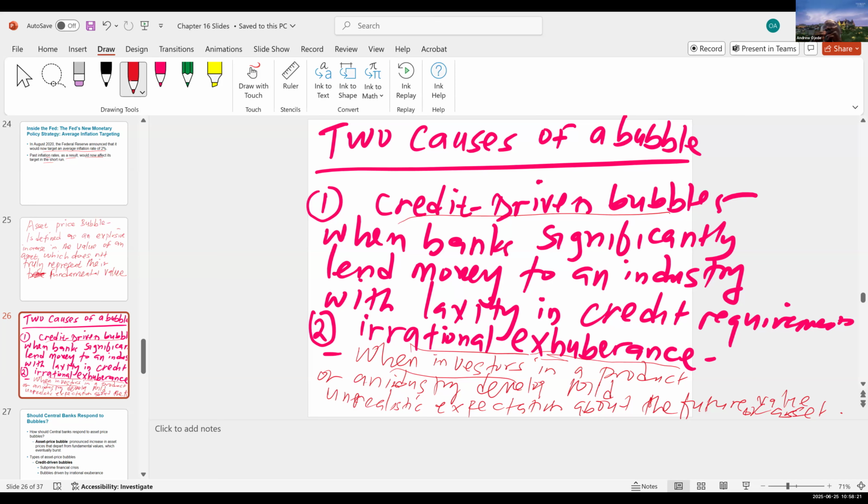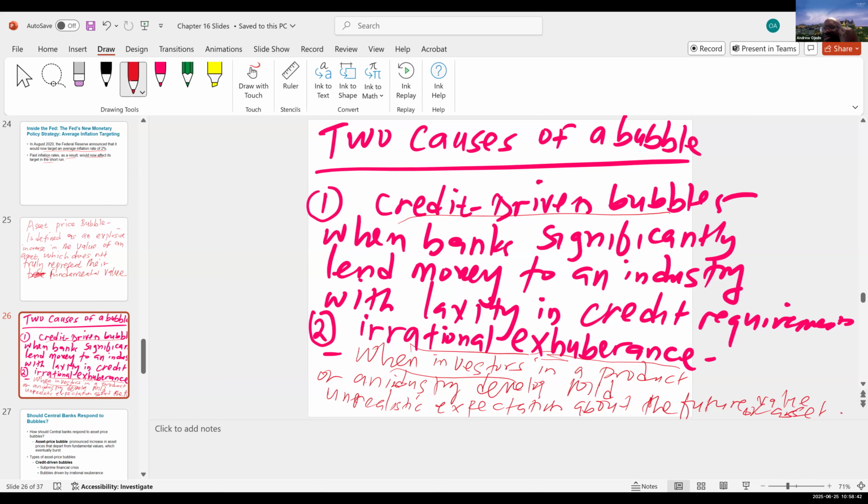Let's say somebody tells you that housing prices have gone up 30% within 6 months. The question then is, what proportion of that 30% increase is driven by irrational exuberance, the investor psychology? It's very difficult to isolate.